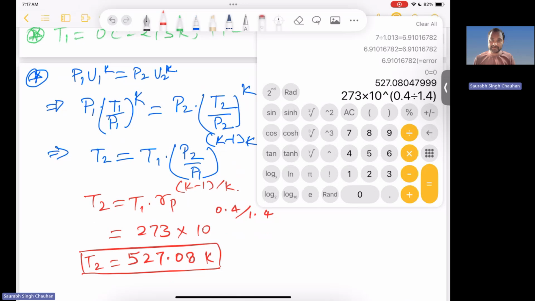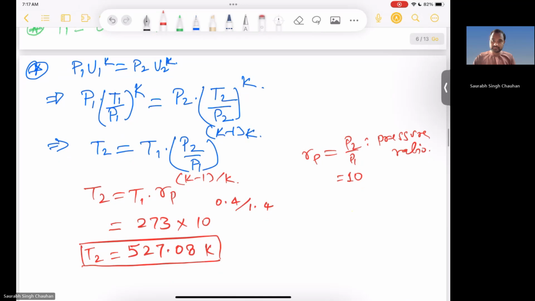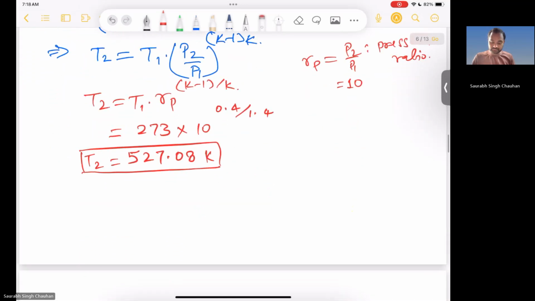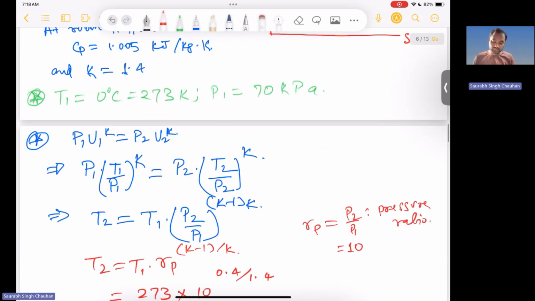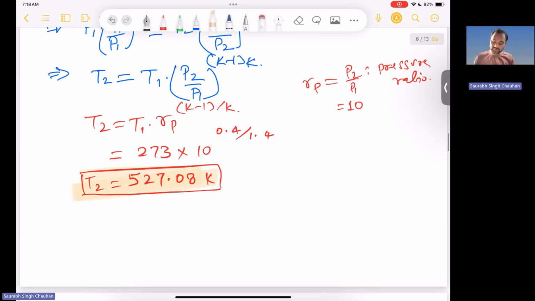So now you have temperature at point 2. We have temperature at point 1, and we have calculated the temperature value at point 2.